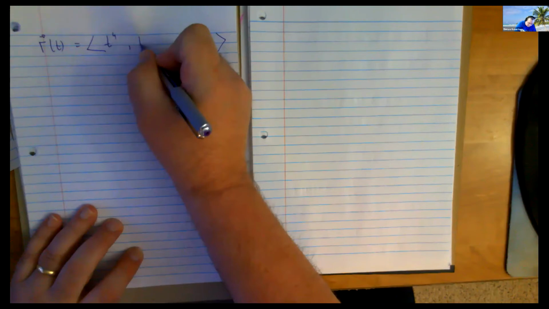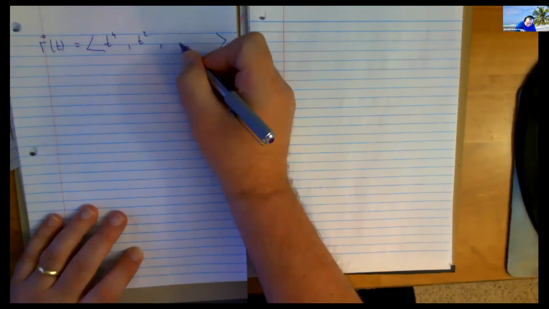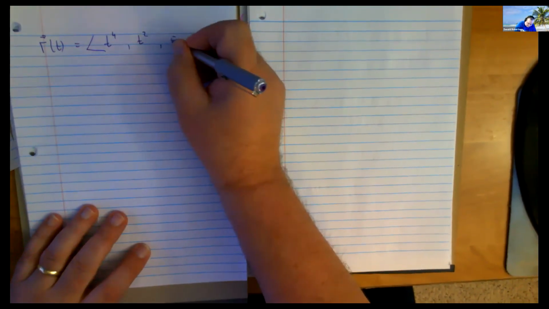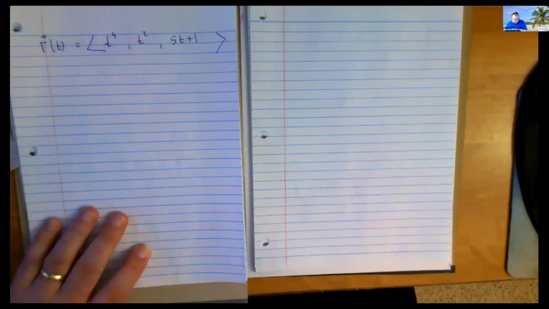So suppose we have t to the 4, t squared, and 5t plus 1. Would you agree that's just a pretty boring curve, who knows where the heck it goes, right? So at any given value of t, that is going to have a totally different curvature to any other given point, probably. But let's suppose I'm only interested in the curvature at 1.